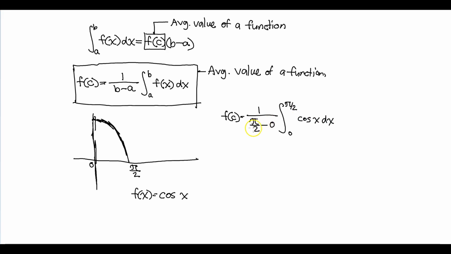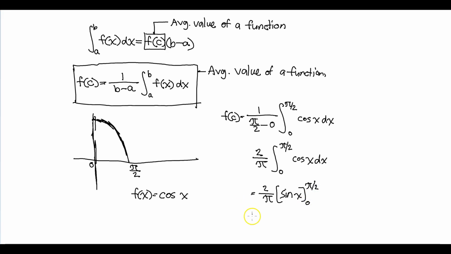So this would just be 1 over pi over 2. That's 2 over pi times the integral from 0 to pi over 2 of cosine x dx. If we evaluate this integral, we get 2 over pi times sine of x, evaluated from 0 to pi over 2.